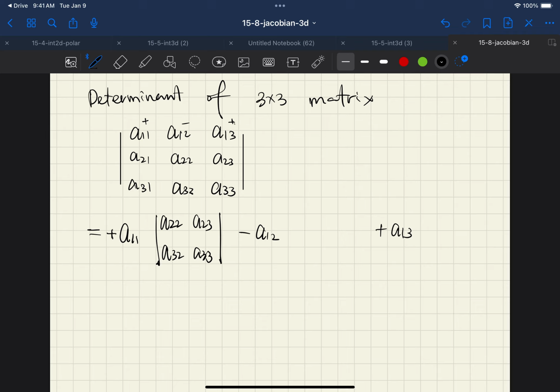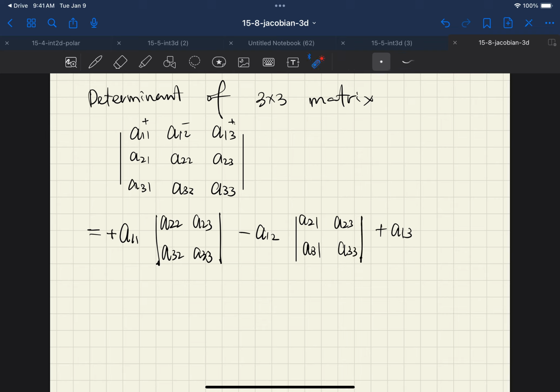Next, we look at the A12 minor. What is the A12 minor? We remove the A12 row and the A12 column. If you remove these numbers, then the rest is given by these two numbers and these two numbers, again a 2 by 2 matrix: A21, A31, A23, A33.